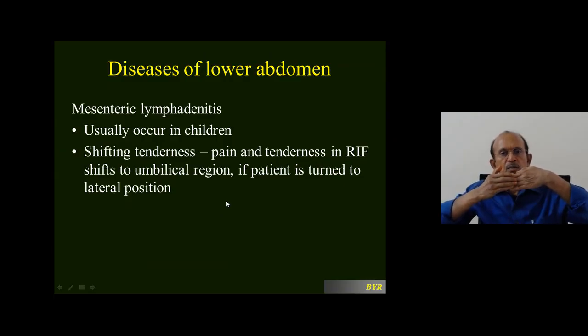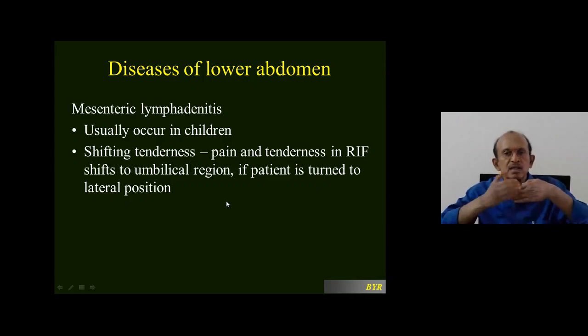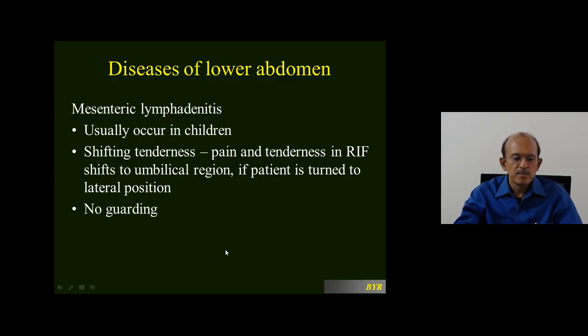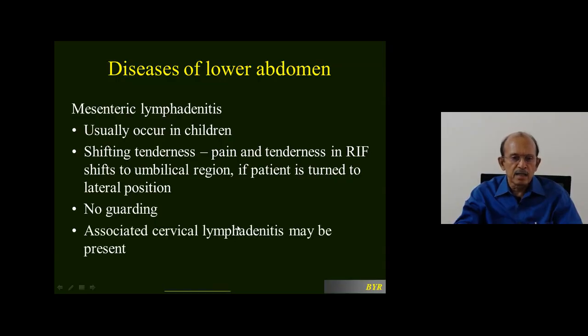This is called shifting tenderness. So shifting pain is present in acute appendicitis, shifting tenderness is present in mesenteric lymphadenitis. This is a PG entrance question. And there is no associated guarding as in acute appendicitis. Sometimes associated cervical lymphadenitis may be present.